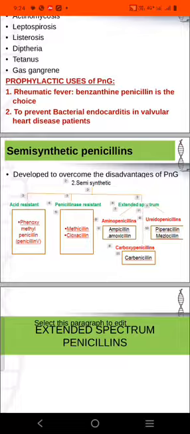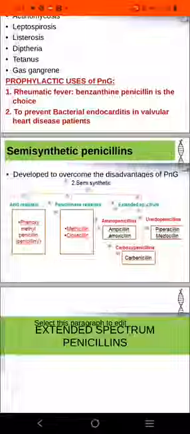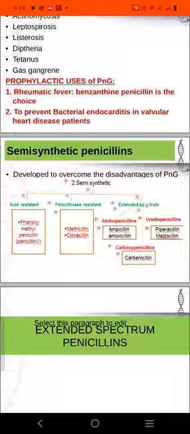So we have penicillinase-resistant penicillins: methicillin, cloxacillin. Then extended spectrum penicillins. Penicillins normally have a narrow spectrum of activity, so we are extending the spectrum. Here we have aminopenicillins like ampicillin, amoxicillin, then piperacillin, azlocillin, mezlocillin, and carboxypenicillins like carbenicillin, ticarcillin.